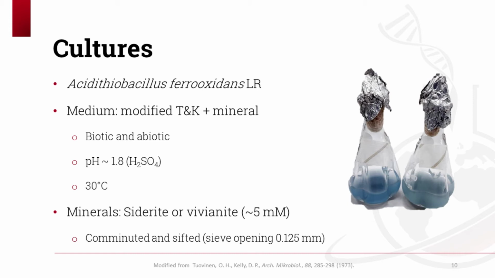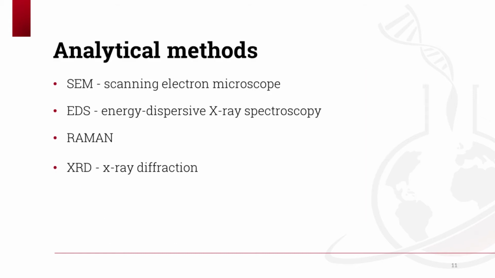For each culture, about 5 millimole of comminuted and sifted siderite or vivianite was added. The analytical methods employed to study the minerals were SEM, scanning electron microscopy, EDS, energy dispersive X-ray spectroscopy, Raman, and XRD, the X-ray diffraction. So, these are the results we obtained.